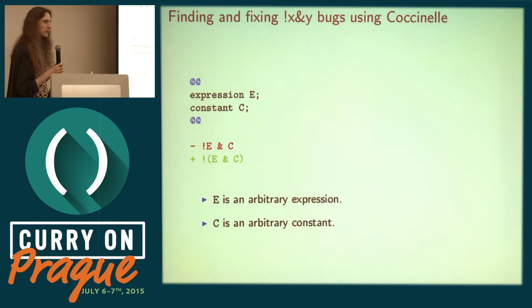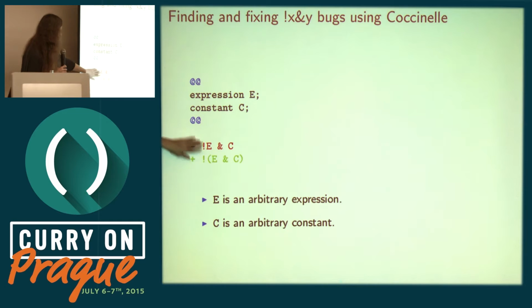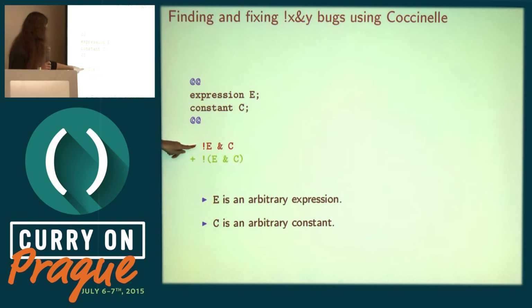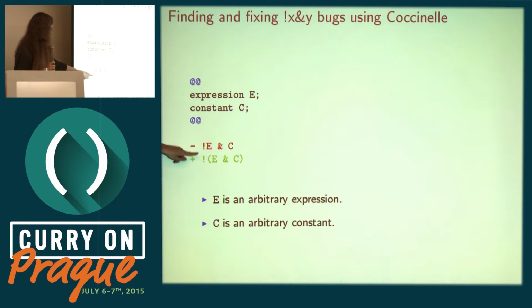So in our language, basically that's how you express the idea. We say we would like to remove any occurrences of exclamation point E and C and add them back in with the parentheses in the right place. And we would like to also say that E can be any expression and C can be any constant. So the idea is you have some typical pattern of code.